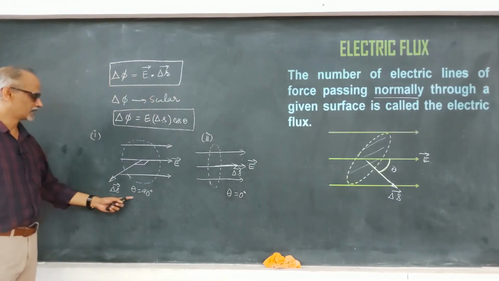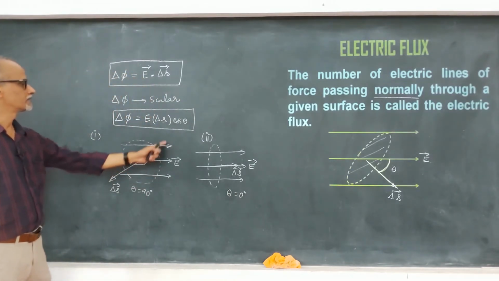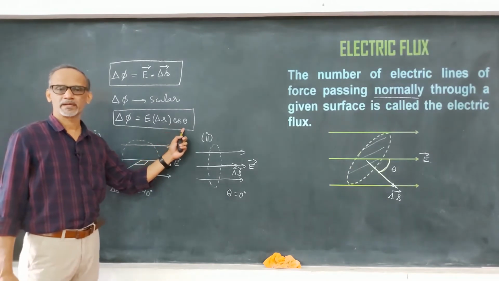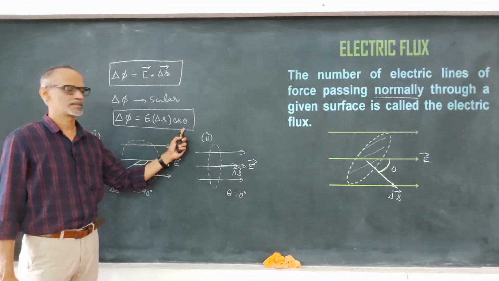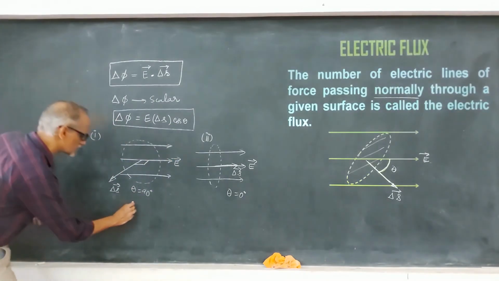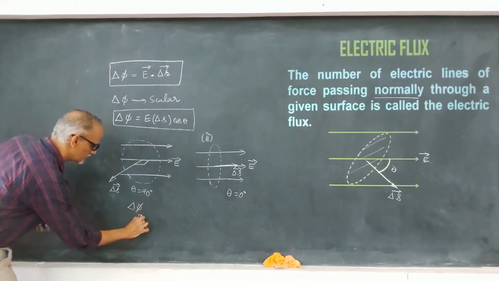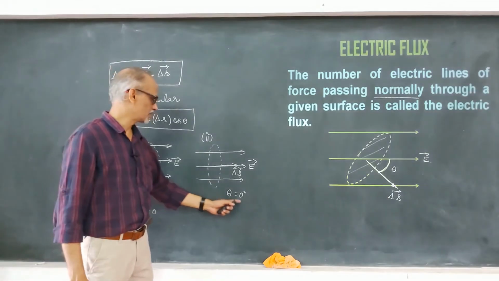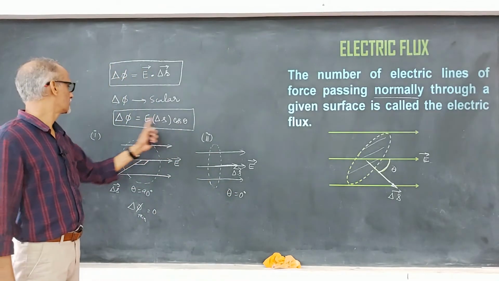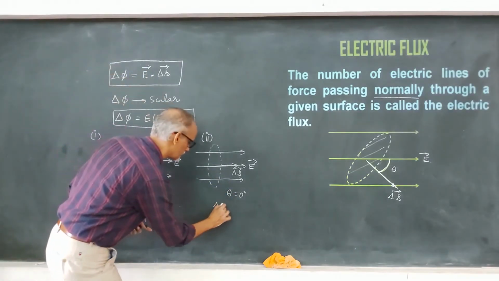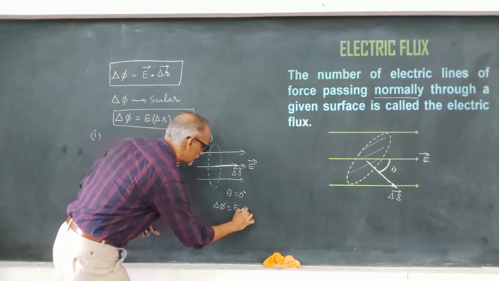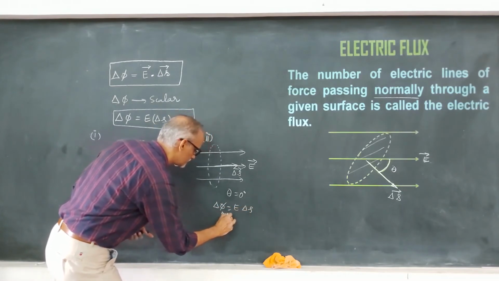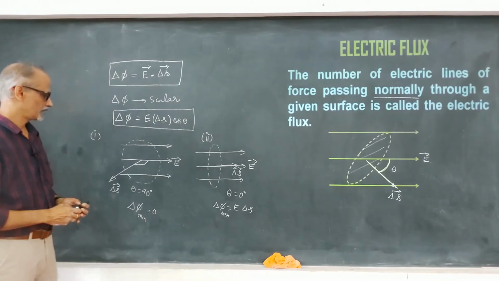Now, when theta is 90, cos 90 is 0, so the flux is minimum. When theta is 0, cos 0 is 1, and the flux is equal to E delta S, which is maximum.